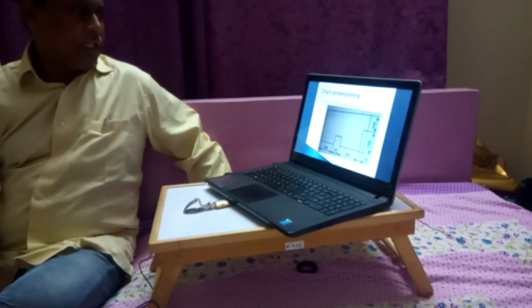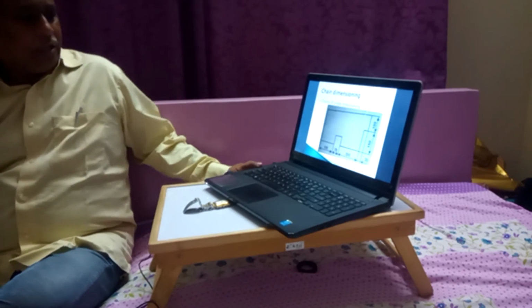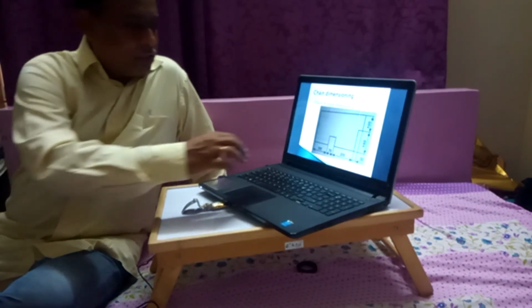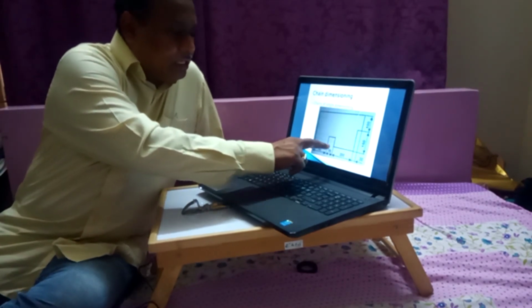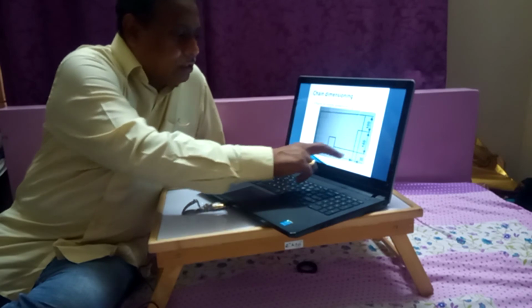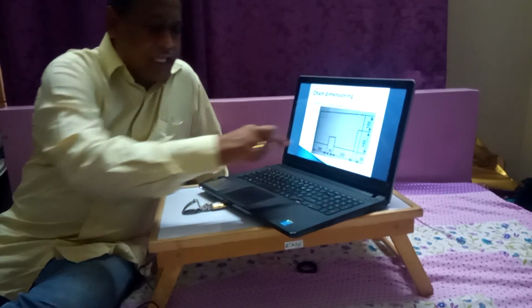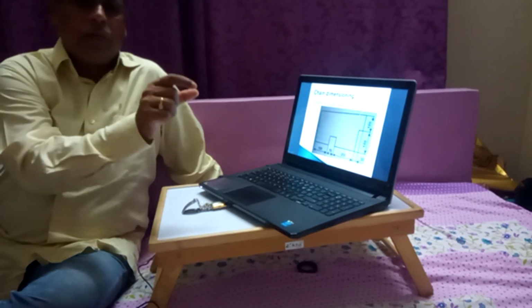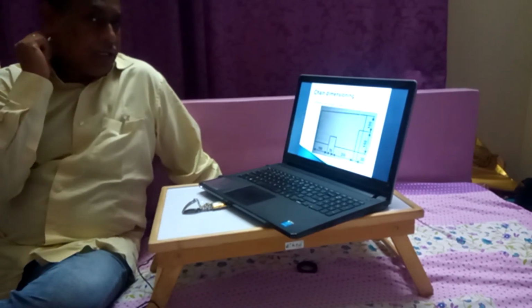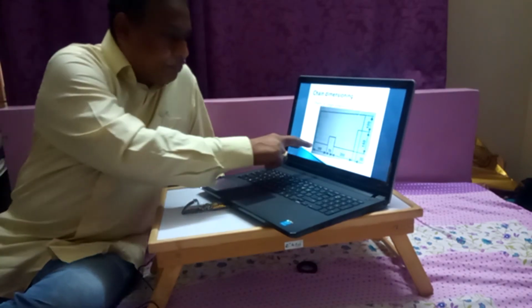So if we see chain dimensioning, chains of single dimensions are given. If you look at the figure, this entire length is divided into some parts. For every part the dimension is given, and all parts are on the same line. Each part is given by its own dimension line.